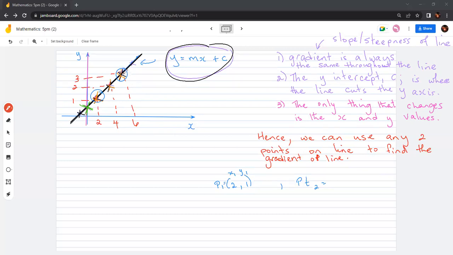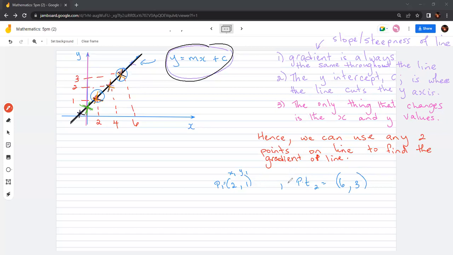For point 2, I have 2 coordinates. Again, I have the x coordinate, which is 6, and I go across horizontally and I get my y coordinate, which is 3. So in the earlier questions, all they were doing was giving us 2 points on a line.